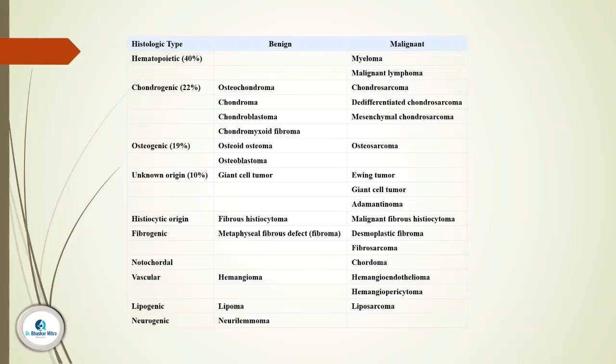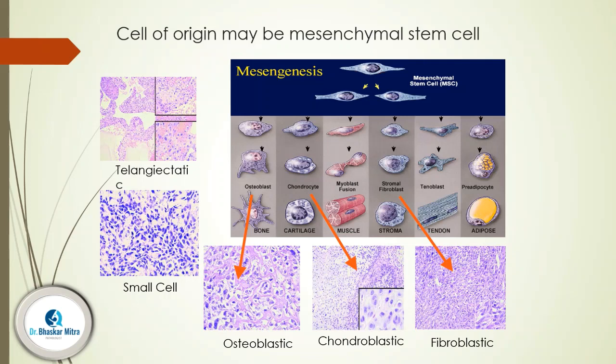To understand this type of lesion, we have to again go into the embryology. As in our first lecture, we have discussed different types of cells like osteoblast, osteoid forming cells, osteocyte, osteoclast, giant cells, and from where they arise. So this is nothing but arising from the mesenchymal stem cells. Now mesenchymal stem cells give rise to the bone forming osteoblastic cells, cartilage forming chondrocytic cells.